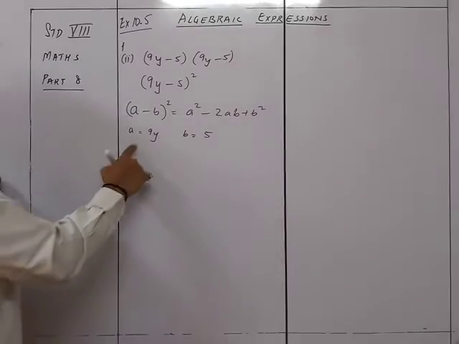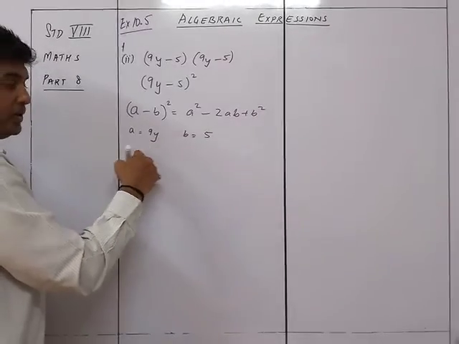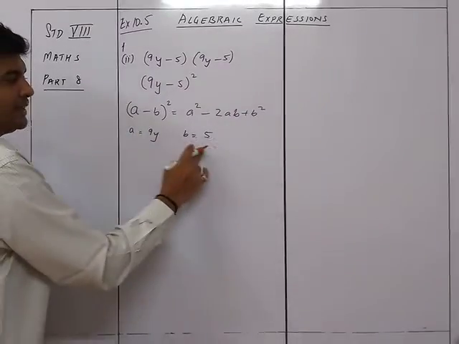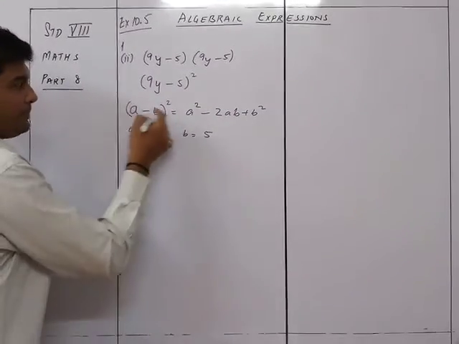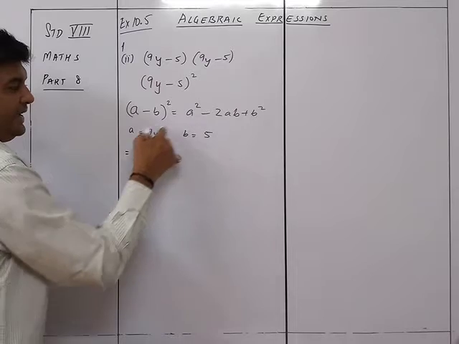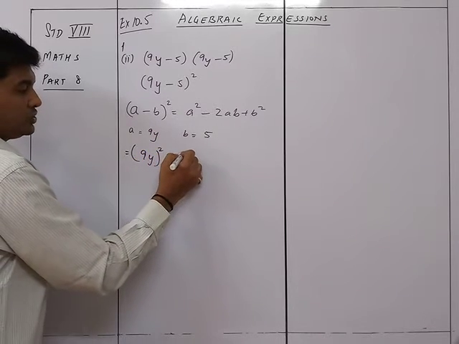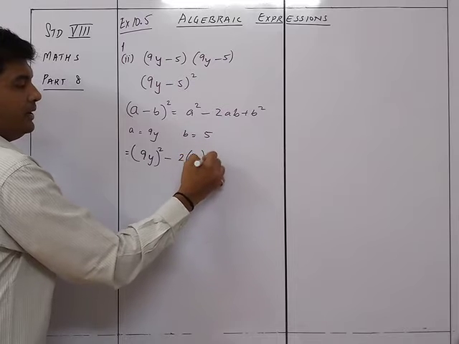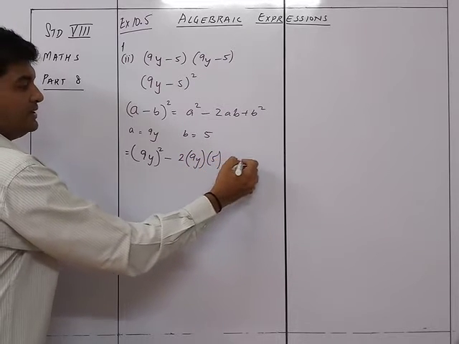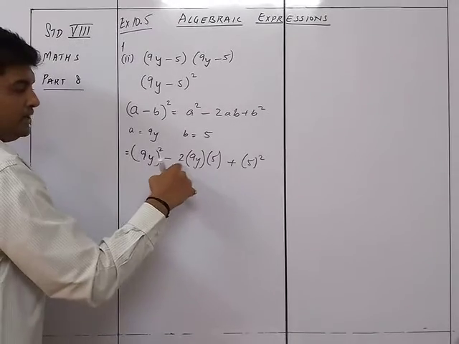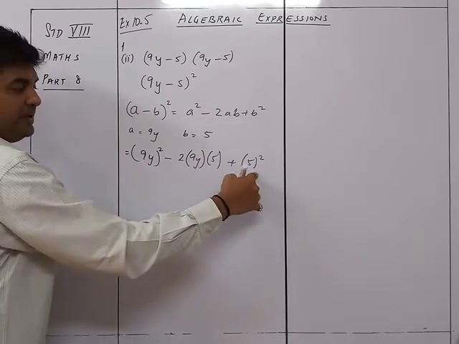Got it? You don't need to write this in your examination or in your answers, but yes, this formula you need to write. This is the substitution you are going to do. So accordingly, this will be equal to, now a is 9y, so it will be 9y the whole square minus 2 into 9y into 5 plus 5 the whole square. So this is a square minus 2ab plus b square.